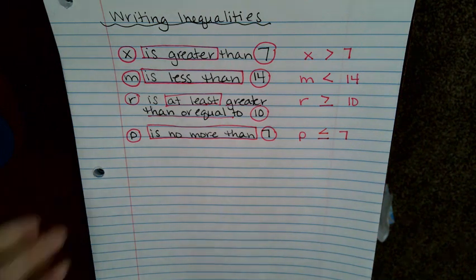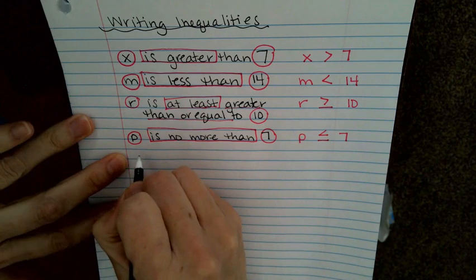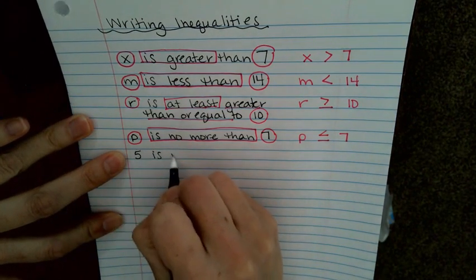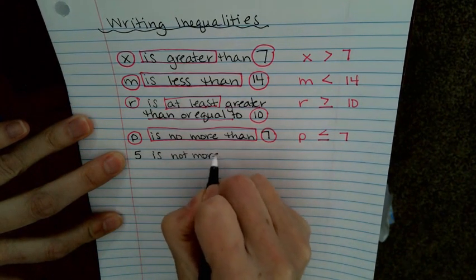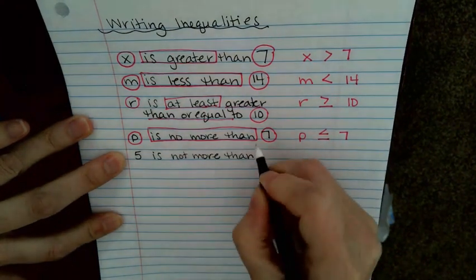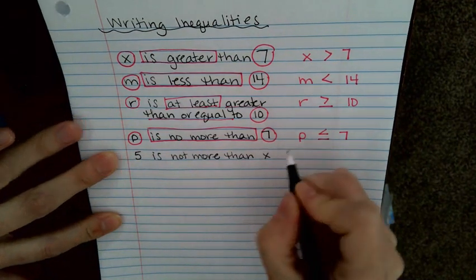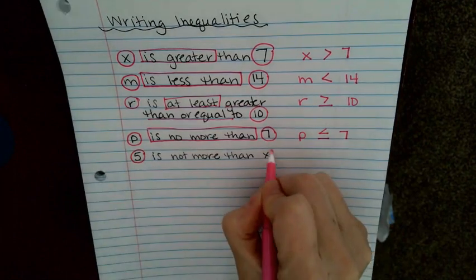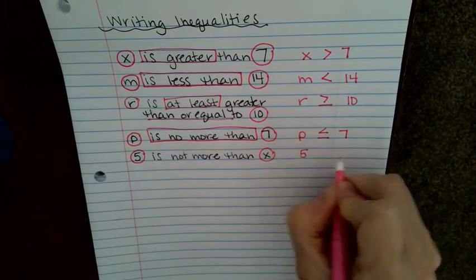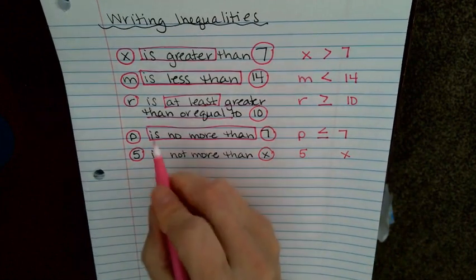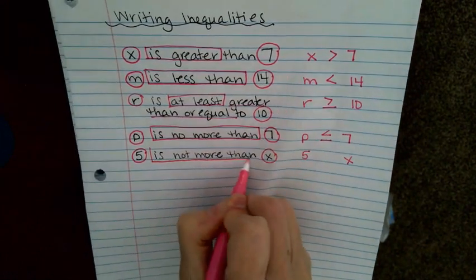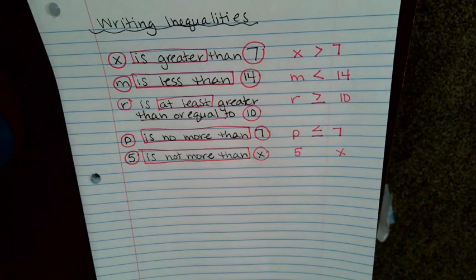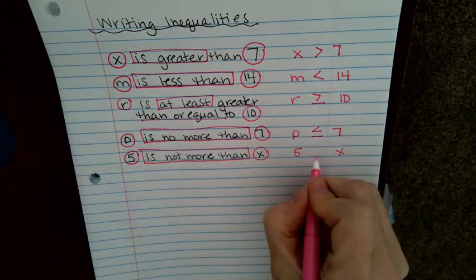How about 5 is not more than x. So you can write 5 and x because those are your numbers. And then we have "is not more than," which is very odd here. Not more than x. Can it be x? Sure.